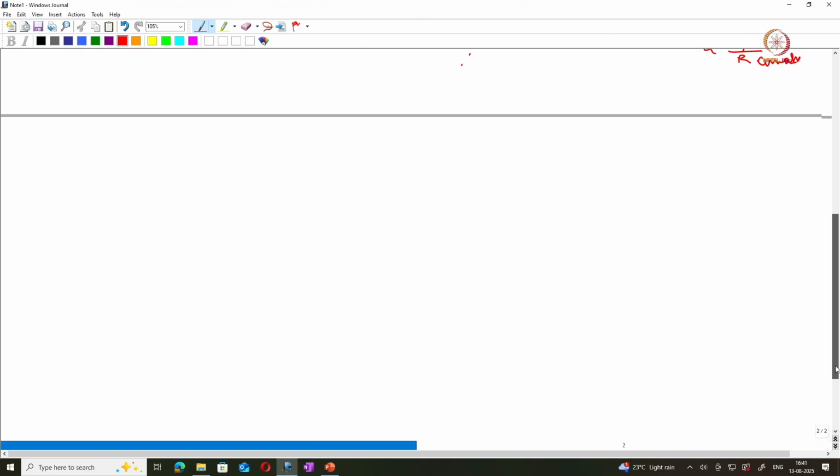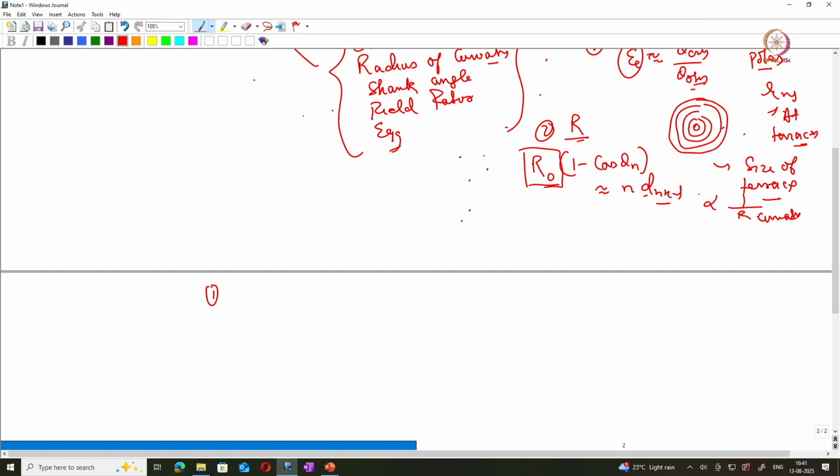Third is the shank angle. How to determine the shank angle? If the radius has been determined, then due to the geometry, if this is R1 and this is R2, the radius has evolved from R1 to R2, from time 1 to time 2.